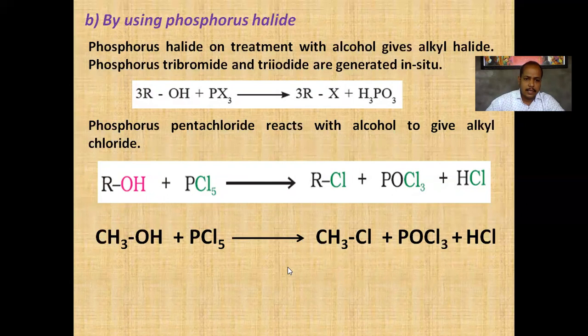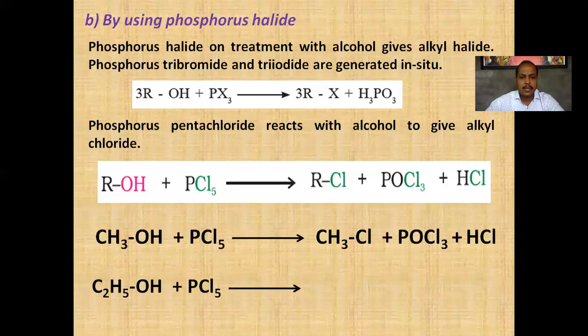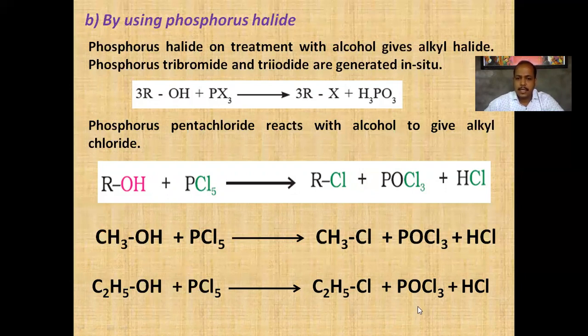Now another example. Ethanol plus PCl5, ethanol on treatment with phosphorus pentachloride. The same happens: this OH is replaced by the Cl group and we get C2H5Cl plus POCl3 plus HCl.